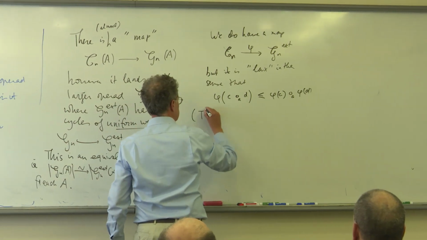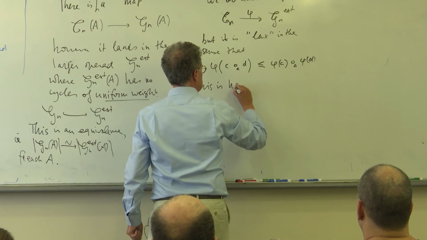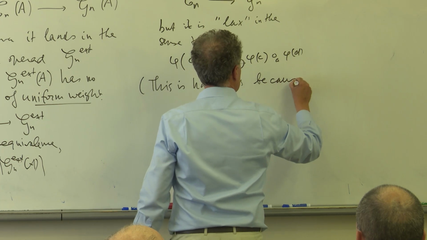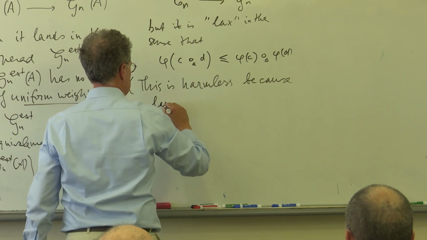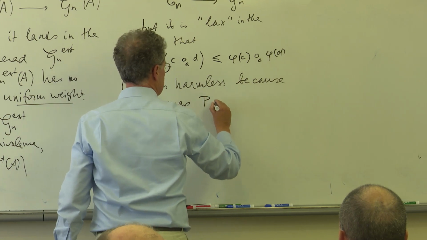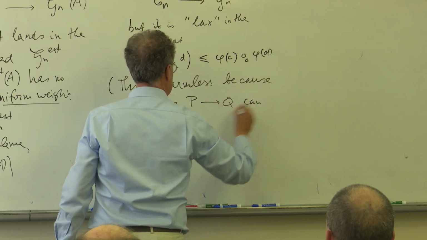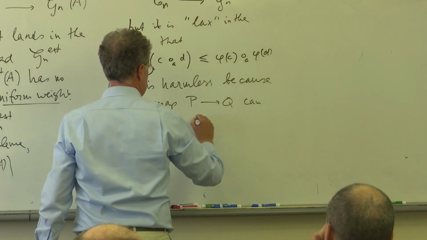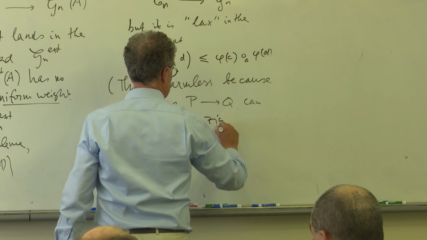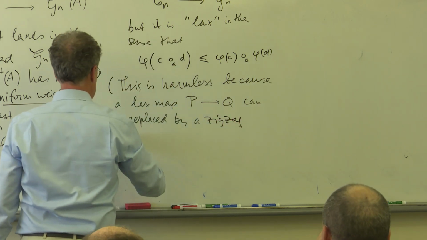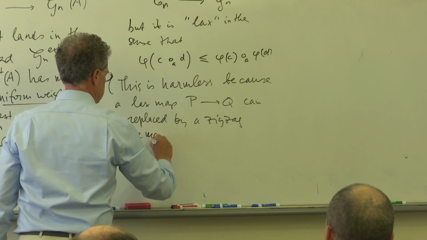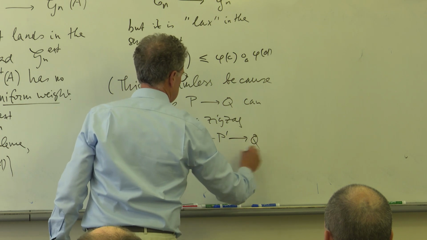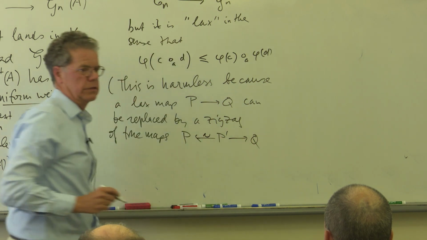So this is innocent, this is harmless, because a lax map P to Q can be replaced by a zigzag of true maps P, P primed, Q, where this is an equivalence.